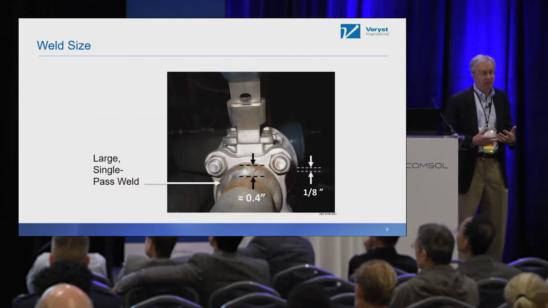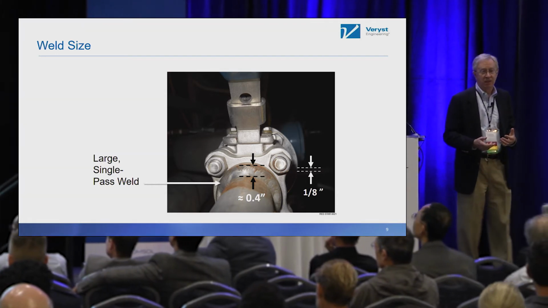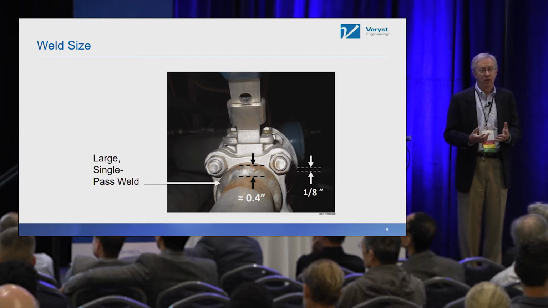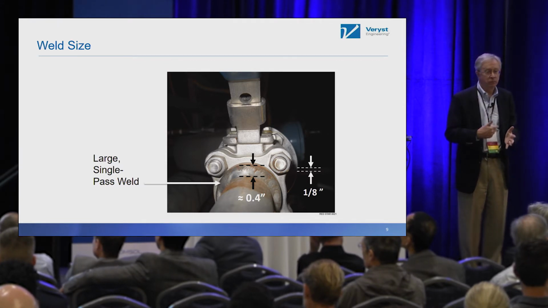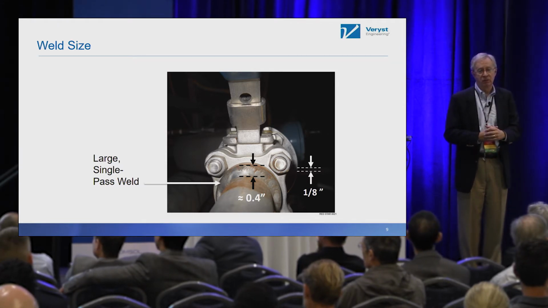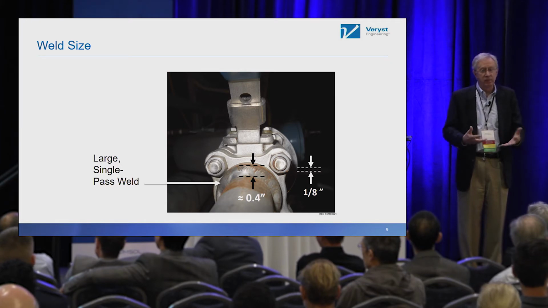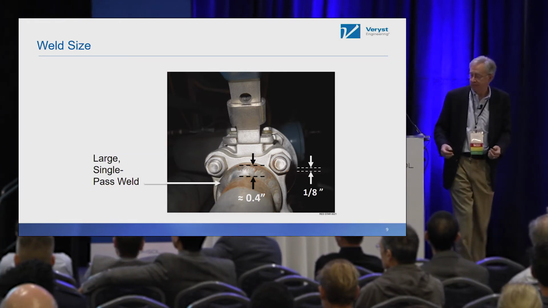But if you look at the weld in this case, on the right-hand side, I have an example dimension of 1/8 inch. The actual weld, which was a single pass weld, was actually 3 times that size. And the question is then, could that have provided some explanation of why the leak occurred?